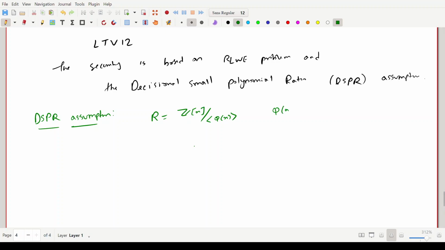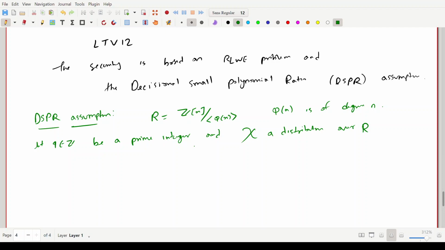Let q belonging to Z be a prime integer, and let chi be a distribution over R. Let me define one more thing: R_q, that is R over qR.